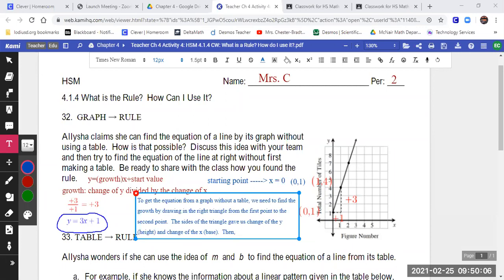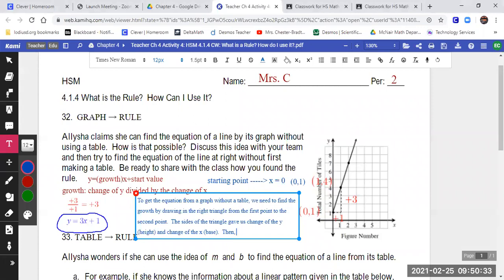We're trying to find where. What kind of coordinate are we looking for? We're looking for not just 0, 1. 0, 1 was this particular one. Oh, we're looking for when the x is 0.